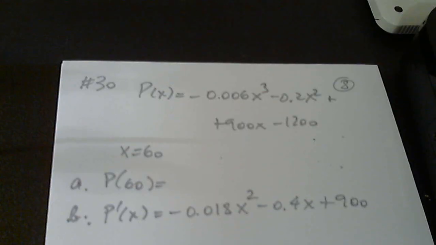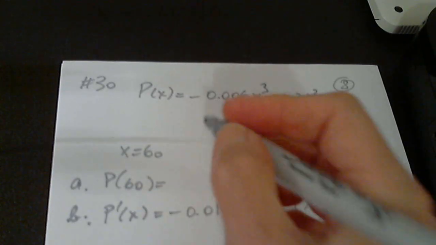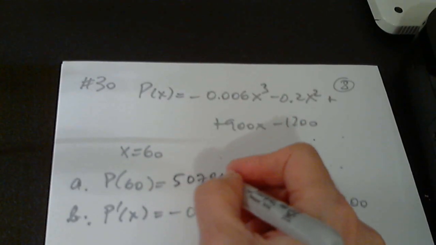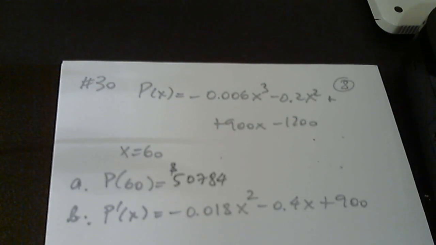And then the derivative, of course, negative 0.018x squared, and then minus 0.4x, and then plus 900. And then we want to enter 60 in both of them at the same time. Okay. So the function is 50784. And the derivative, so P prime of 60, is 811.2 measurement unit.